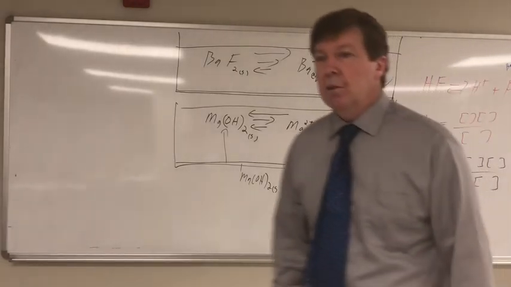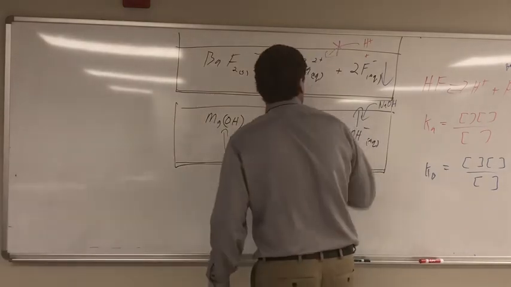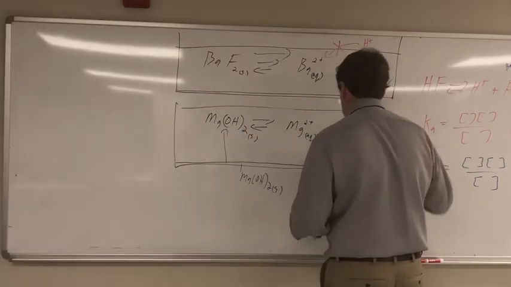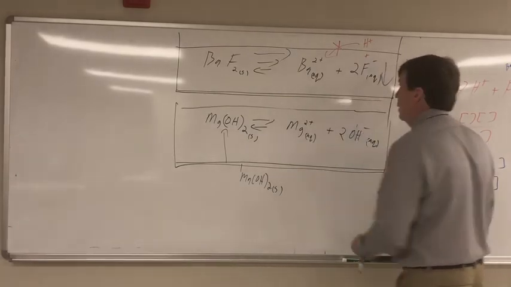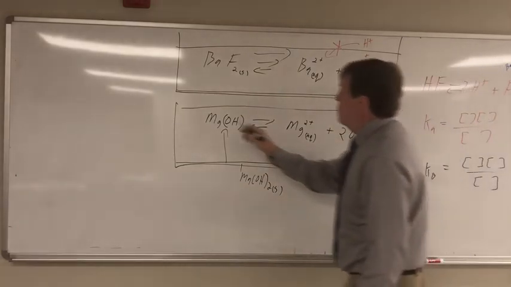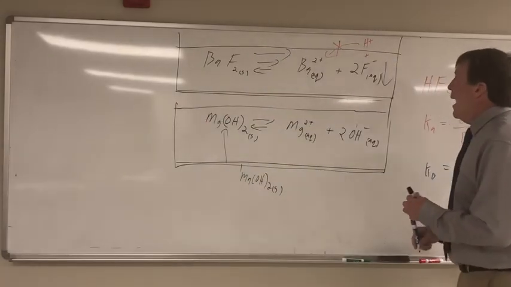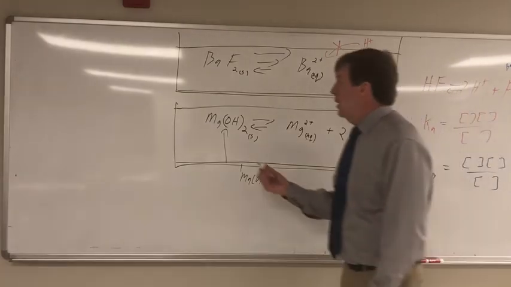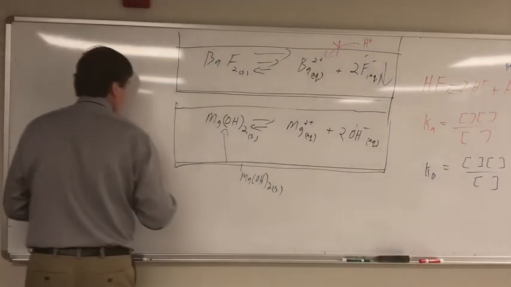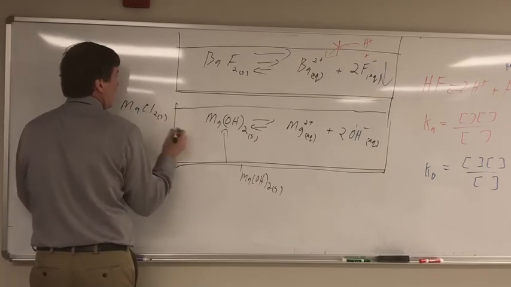Let me grab this. Let's start over here. We're considering the same substance, the magnesium hydroxide. What if we're going to add, let's go with magnesium chloride. So let's add magnesium chloride. So there's our magnesium chloride salt.